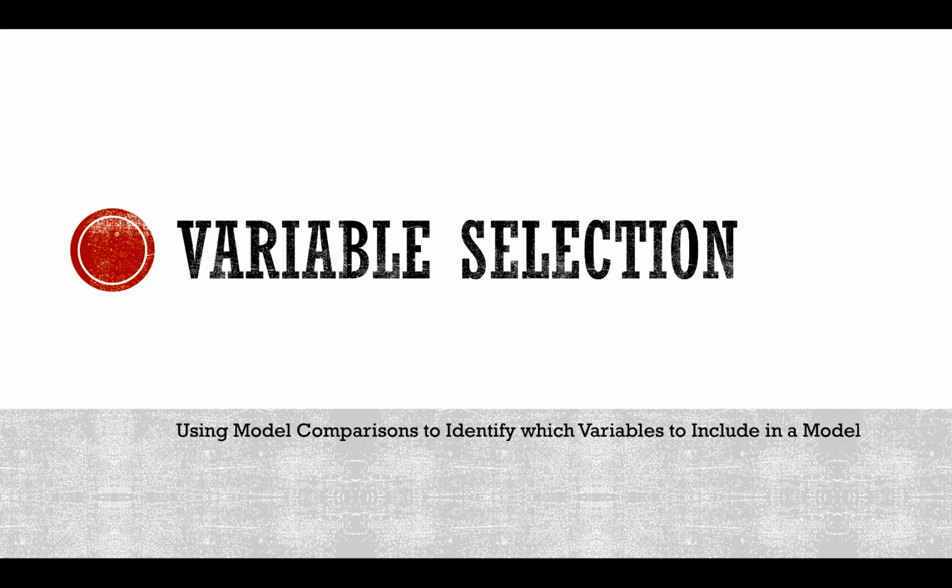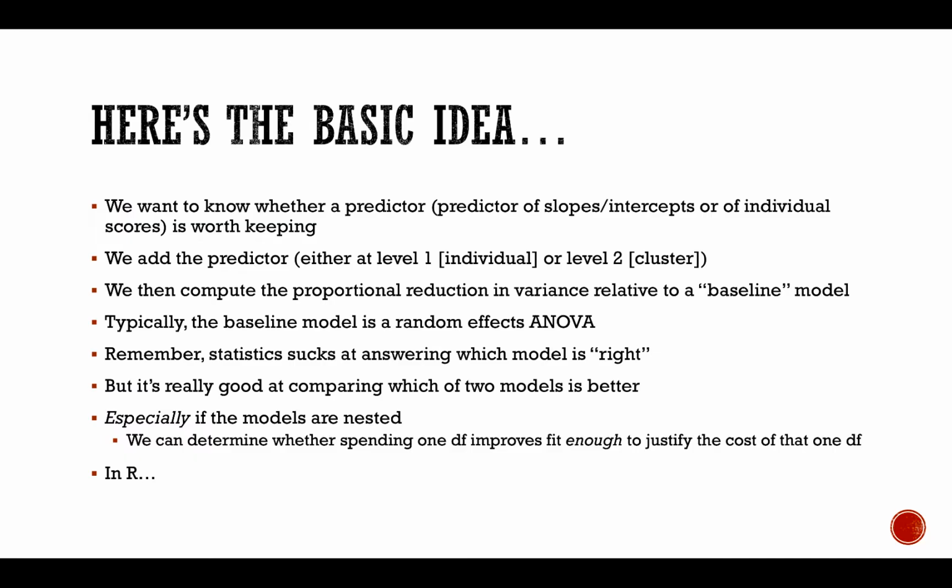Variable selection strategies. So we are going to talk about using model comparisons to identify which variables to include in a model. So here's the basic idea, ladies and gentlemen. We want to know whether keeping a predictor, for example, a predictor of slopes or intercepts or of individual scores, is worth keeping.